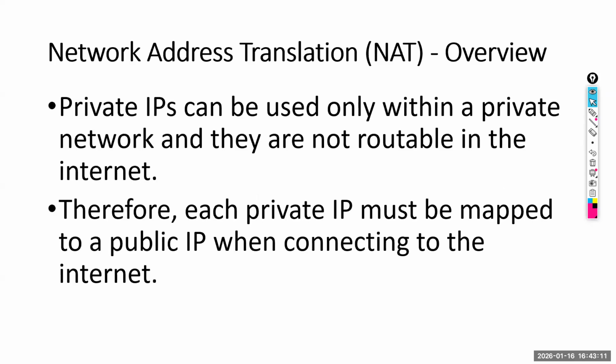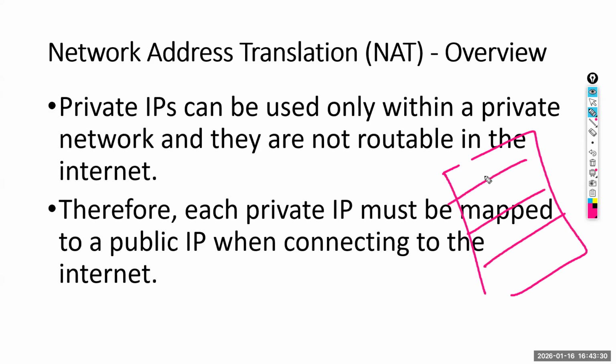Remember, we discussed that when it comes to IP addresses, we have class A, class B, class C, and other classes are reserved for some other purposes, right? So all the IP addresses are separated into different classes.